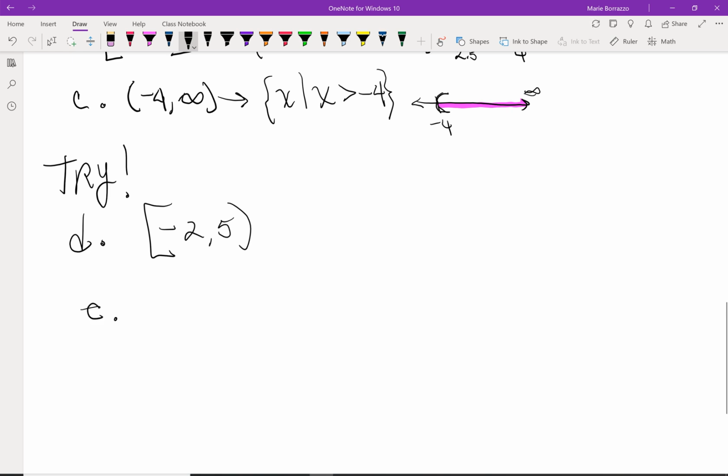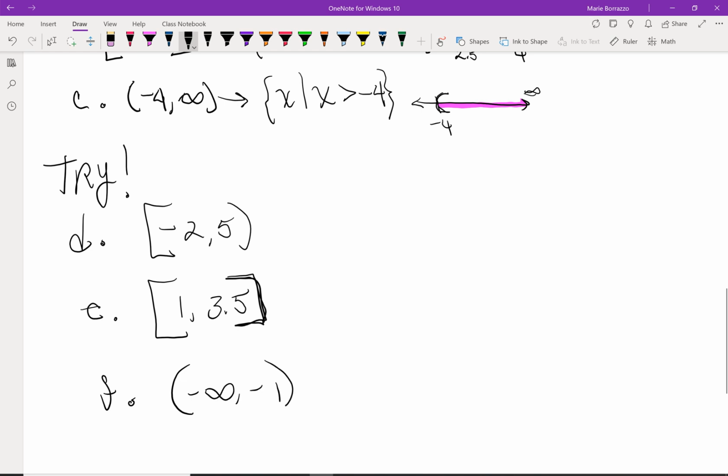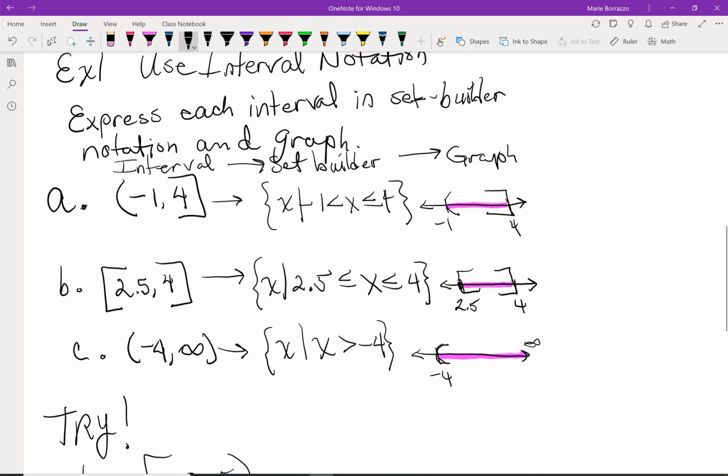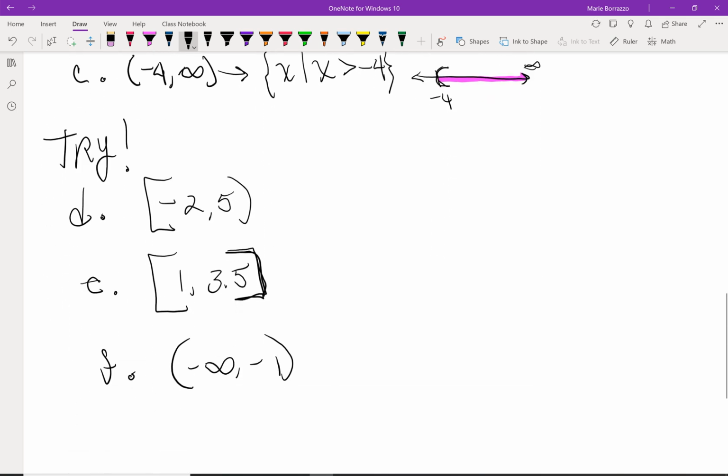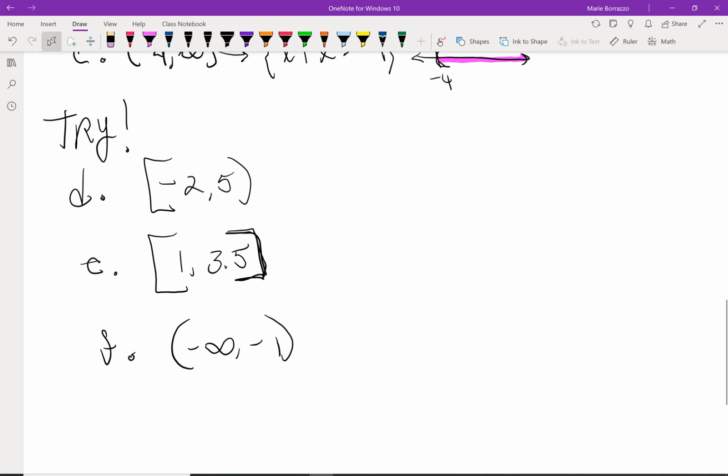Let's call this E, where I have 1, 3.5. Both of these are inclusive, both are brackets. And let's call this F, where this is -infinity, -1, not inclusive on either end. And refer back to these if you need assistance relative to the solutions. Pause this and I'll give you a couple of seconds to try it.